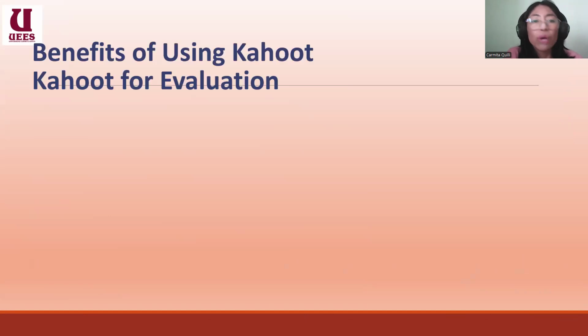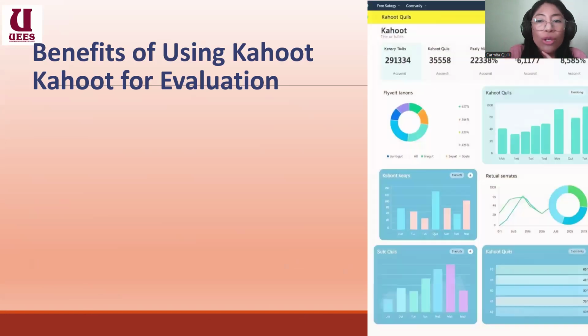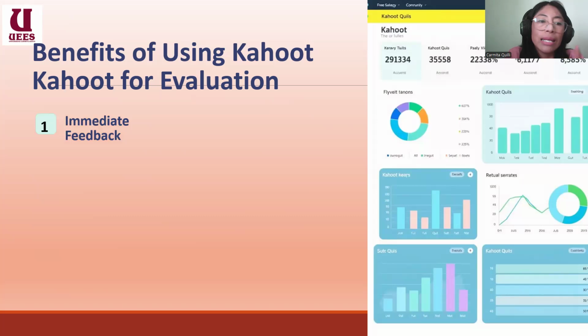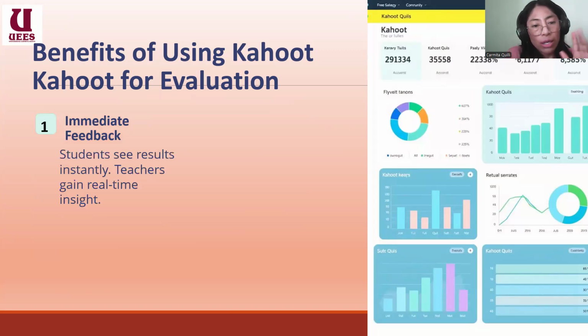This is the most important thing about Kahoot. Kahoot has a lot of benefits, but we are going to talk about three main benefits that Kahoot brings us as teachers. The first one is immediate feedback. When students play this kind of game, they can see the results instantly and teachers can gain real-time insight.